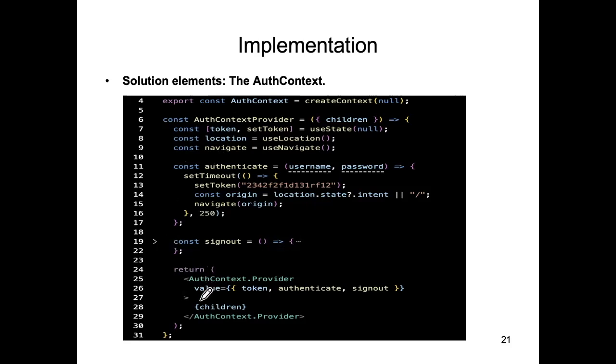And eventually down here I'm showing you what I'm putting into my orange box, into my auth context. Well, I'm putting in the token, and I'm putting in the two functions that I've declared above, because it's other components that are actually going to be invoking these functions, as we'll see in a moment. So in this case, my context is not sharing just data, it's also sharing functions, making them available to other components.